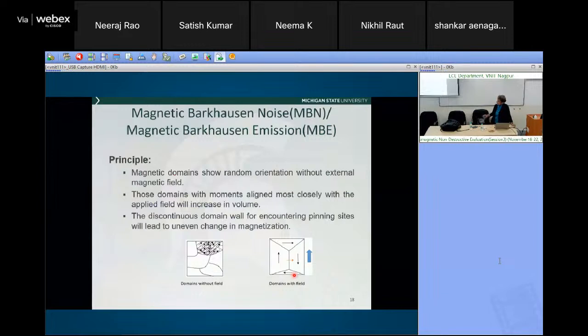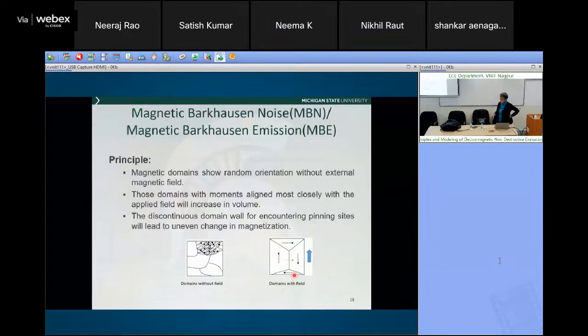When you look at the principle over here, we've seen that there are domains with random orientation, and when you apply a magnetic field, there are movements of the domains. When they align with the magnetic field, the domain walls move. And the domain wall movement is not a continuous smooth movement, it is discontinuous.